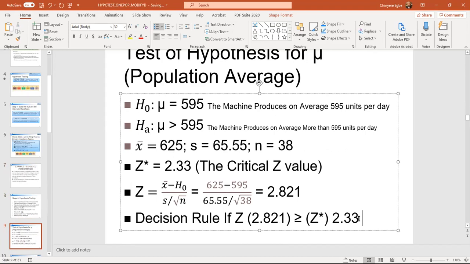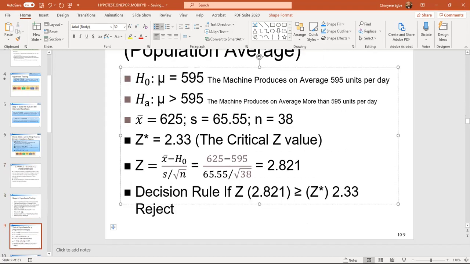What do we do? We reject the null hypothesis.